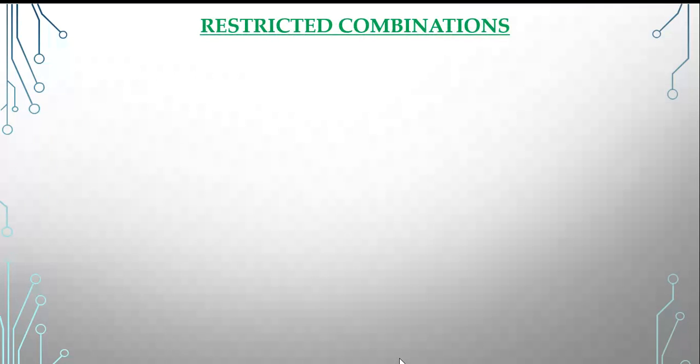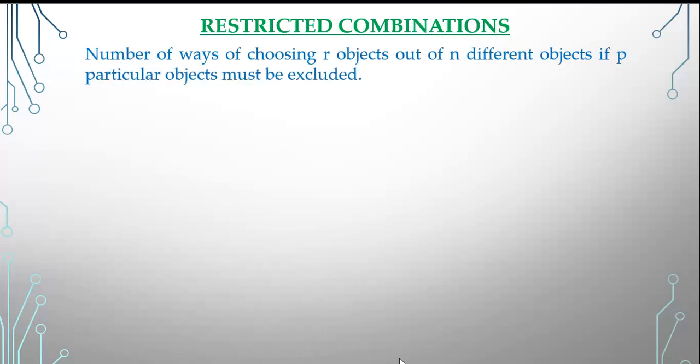Now one more thing here: restricted combinations. Restricted combination means that if you have the number of ways of choosing r objects out of n different objects, and p particular objects must be excluded, meaning that in a question you are told that these particular objects must not be in your chosen objects, right?